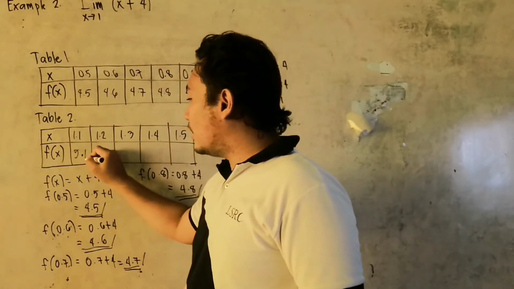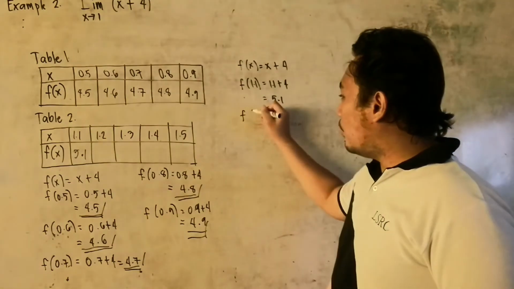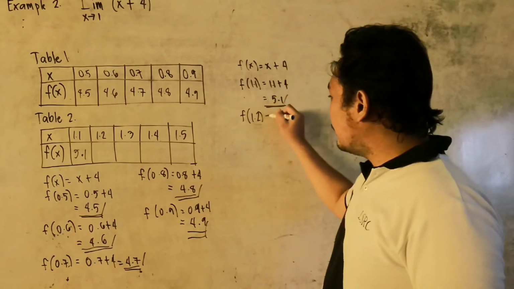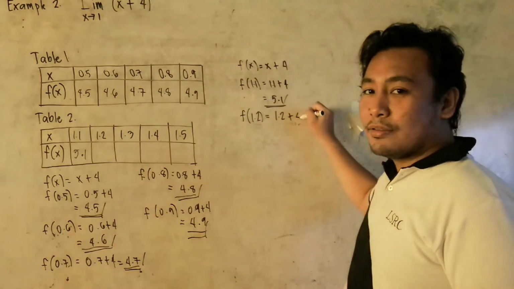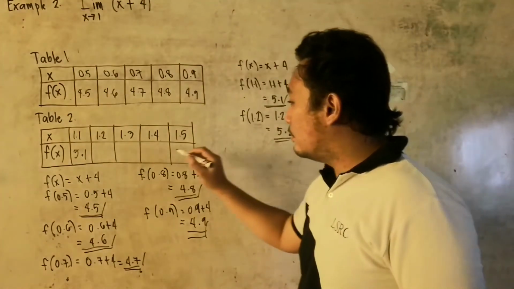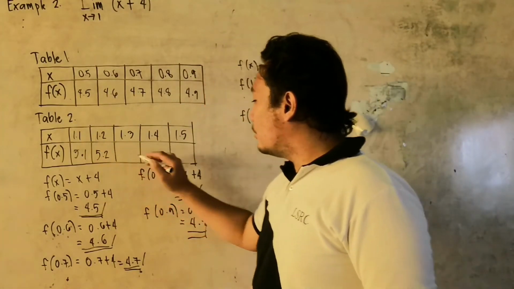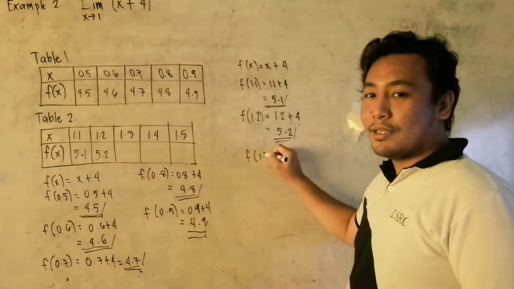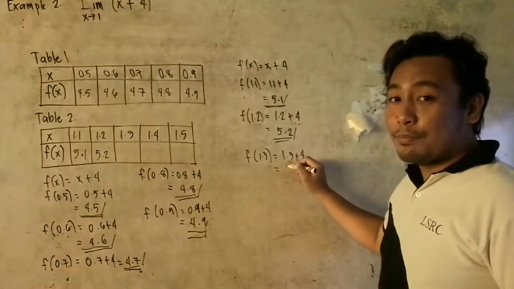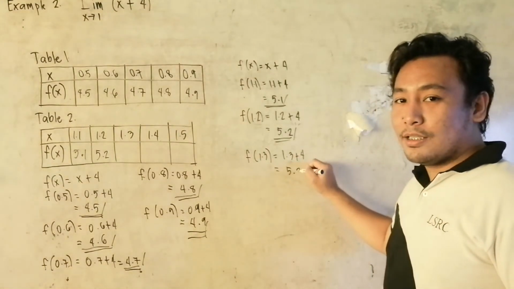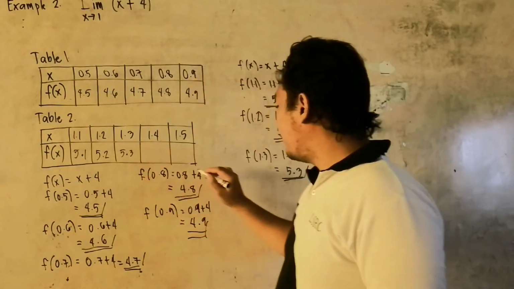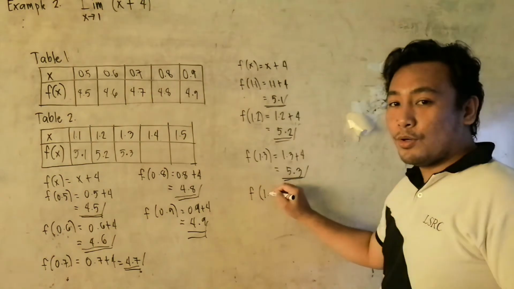We have 5.1. So next, f of 1.2. So this is equal to 1.2 plus 4, and this is equal to 5.2. So we have 5.2. So next is f of 1.3. So this is 1.3 plus 4. 1.3 plus 4 is equal to 5.3. So next is f of 1.4.